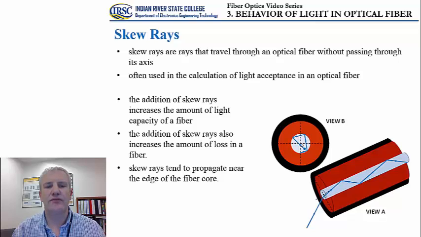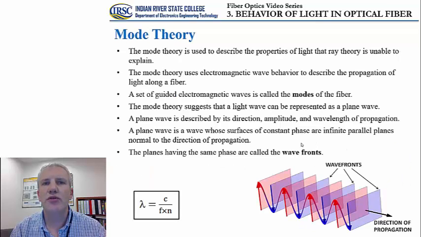loss in the fiber. As we already mentioned, the mode theory, along with the ray theory, is used to describe the propagation of light along an optical fiber. The mode theory is used to describe the properties of light that the ray theory is unable to explain, such as absorption, dispersion, etc. What does the mode theory use to explain these specific properties of light propagation?